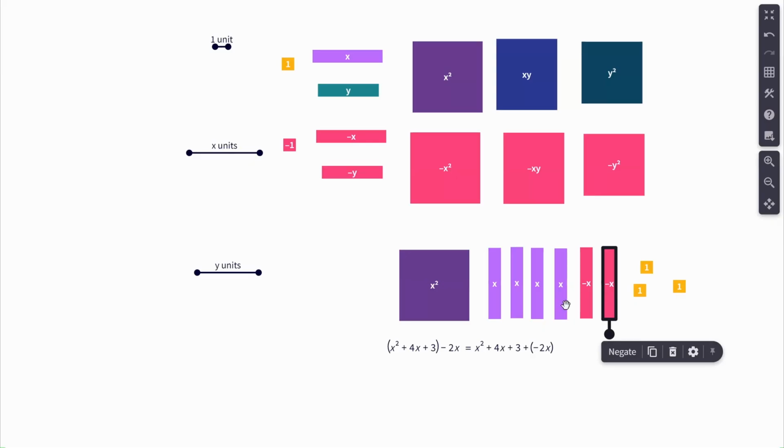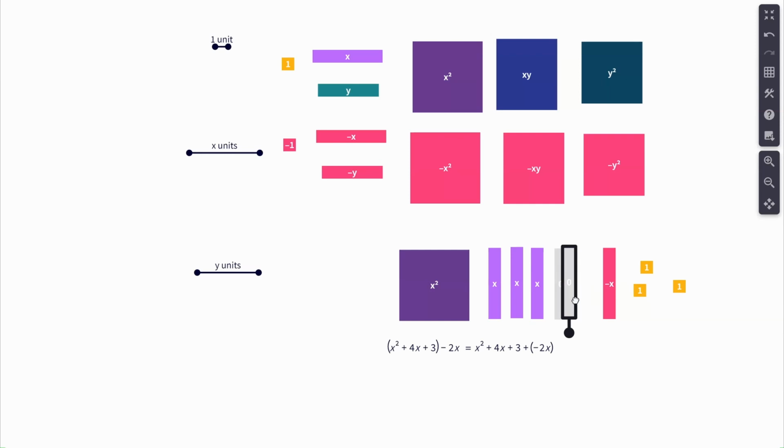So what happens when I have a positive x and a negative x? And here, these electronic algebra tiles have a really lovely little component where if I combine them, if I move them over each other, they turn to a 0. Now, if you have physical algebra tiles, you can't do that. You have to know that they turn to 0. But here, in these electronic ones, I can see my zeros.